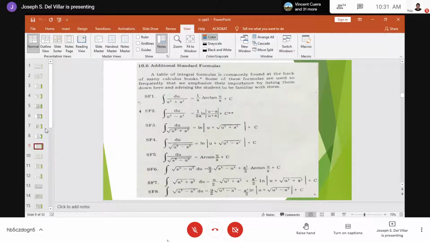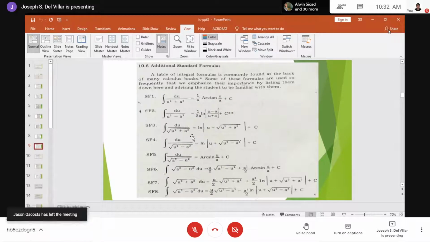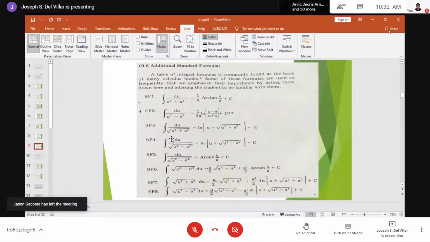Any questions? So, mga guide lang to, itong mga standard formulas. Okay? So, may condition dito ha. You cannot immediately apply this, itong mga shortcut formula na to, unless yung du ay exact differential ng u. Okay? So, take note that before you can apply this also, be sure na naka-express in terms of squares yung mga denominator, no? So, u squared plus a squared, u squared minus a squared, so that you can apply.